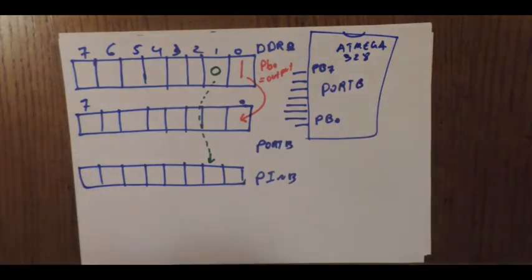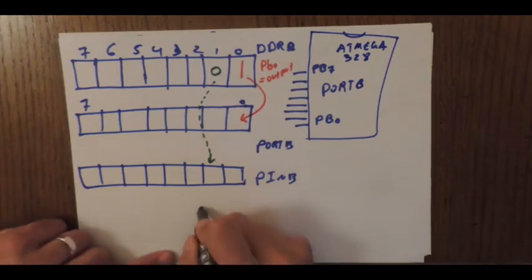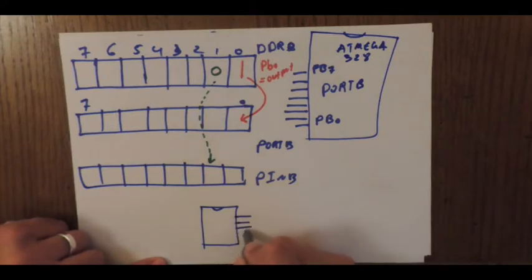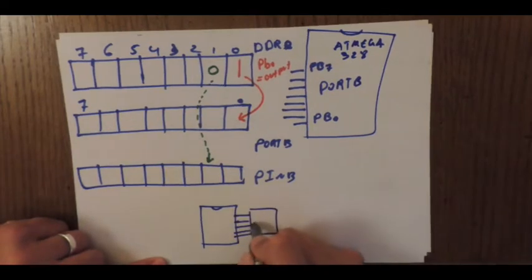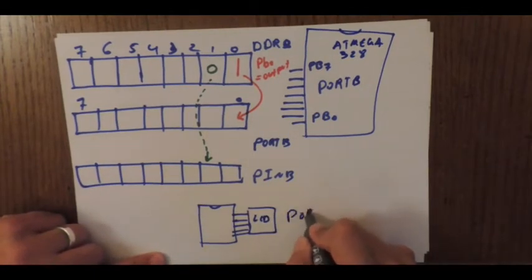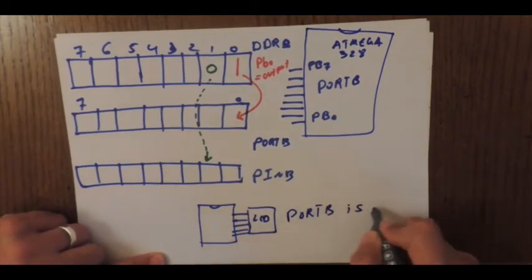So what do you mean by input and output in this case? So this is the microcontroller. Again, if I want an output, I can have, I don't know, an LCD. So in this case, port B is output.